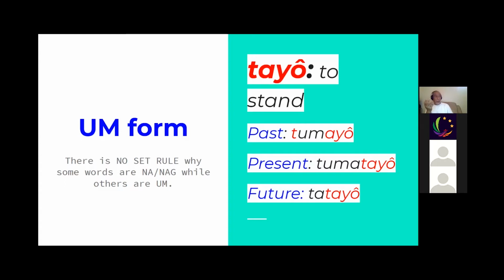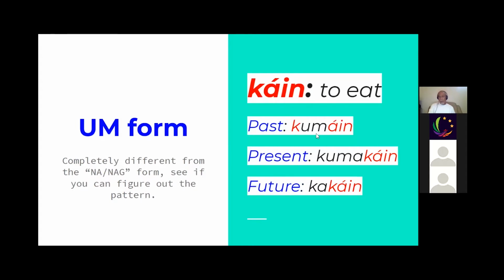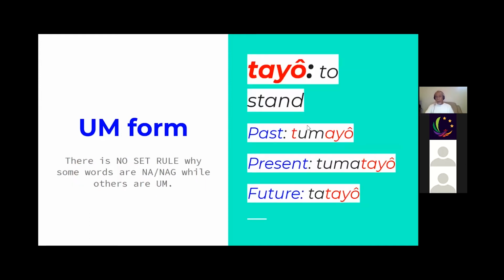Do you notice a pattern already on the conjugation? For the past, you put the "um" after the first consonant. Very good. Yes. You put it between the first consonant and the first vowel. So tumayo, right? Kumain, right? So it's between the K and the A. Very good.